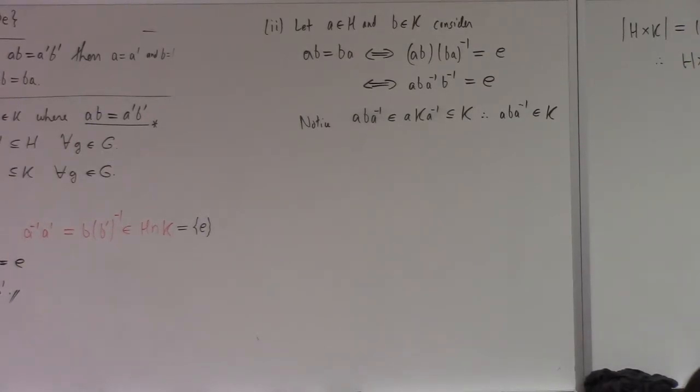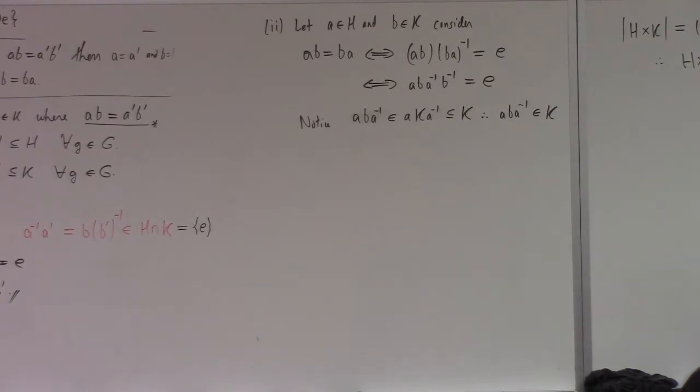I'm given that H and K are normal subgroups. So at the moment, I'm just using normality of K to point out that conjugation by A of B gives me something that's back in K again, right?